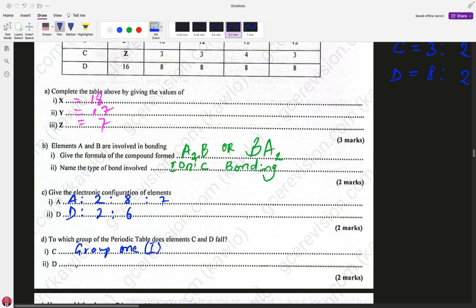So D falls in group 16, which is formerly called group 6.